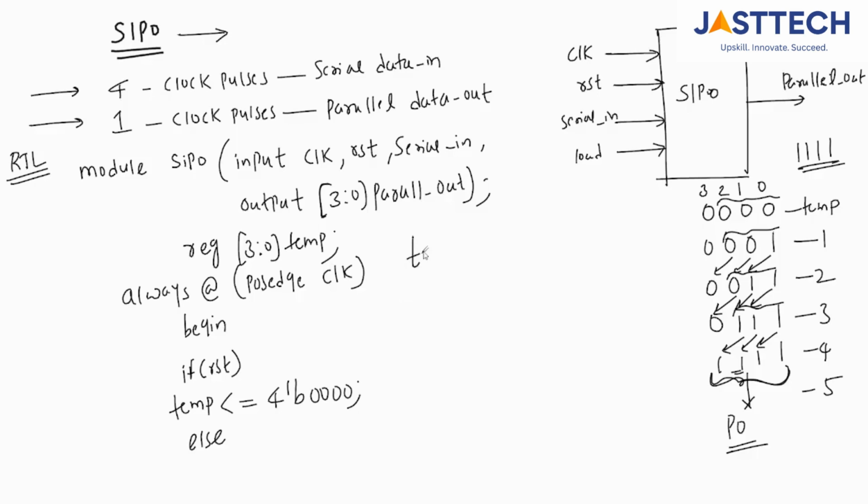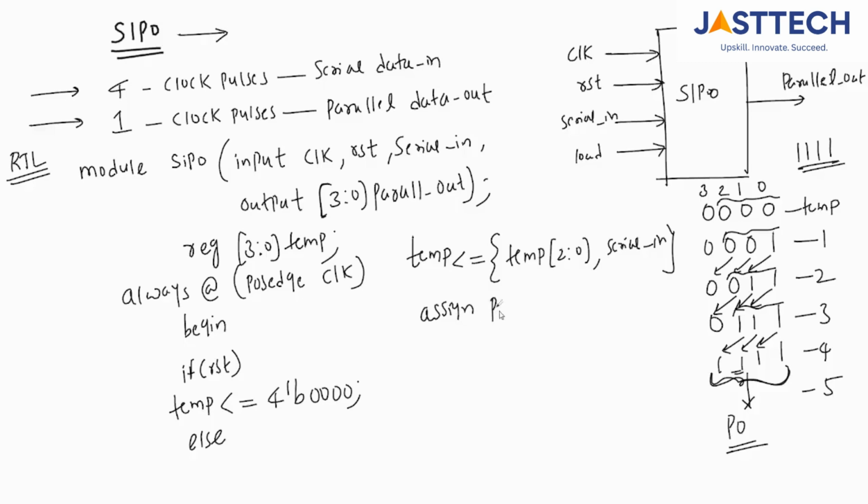That is temp equal to temp[2:0], comma, serial_in, so from the right you are inserting the serial in data.